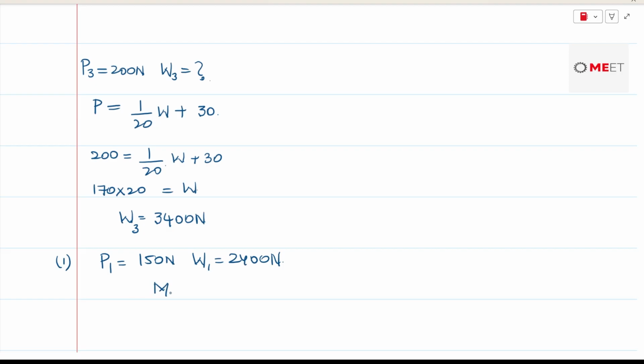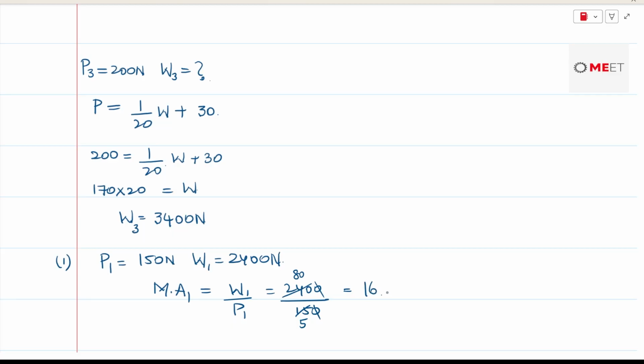The mechanical advantage for this situation will be W1 divided by P1, that is 2400 divided by 150, which is 16.